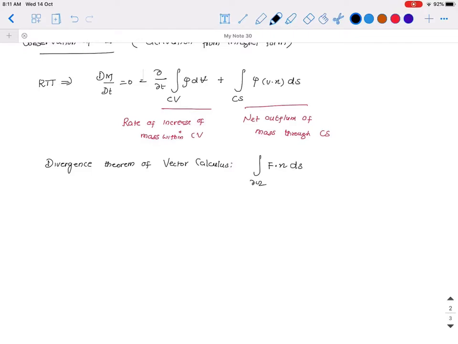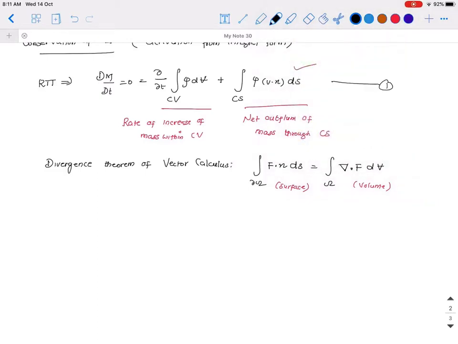This is the surface integral, and f is a vector quantity. That will be equal to the volume integral of the divergence of the vector quantity over the volume. So the divergence theorem relates volume integral to surface integral. Now we are going to apply this to the second term, which is the net outflux of mass through the control volume.